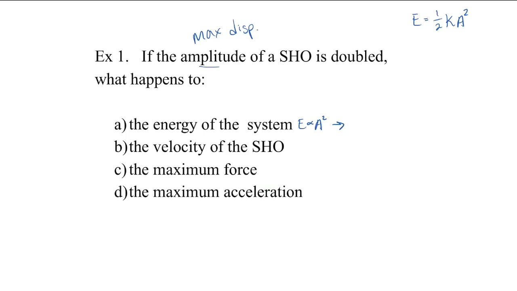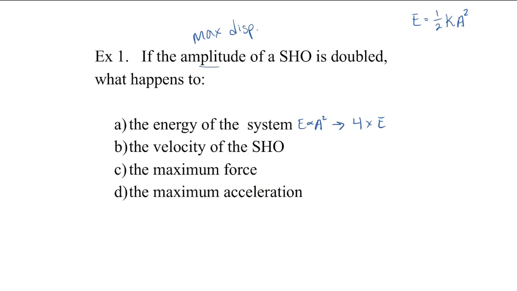So what happens if I double the amplitude? Then I need to square that, and the energy is 2 squared, 4 times as much. Okay, so that's what we know happens to energy when we double the amplitude.